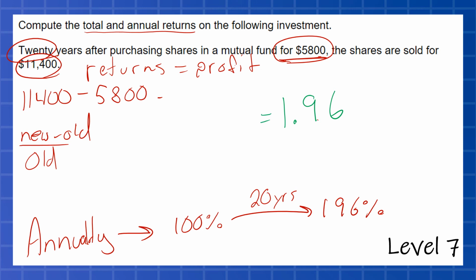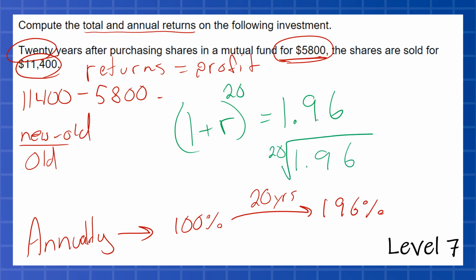And so if we want to go backwards, our formula looks something like this: 1 plus the rate to the nth power, the number of years. And so if we think backwards, how do we find out the rate? Well, we're going to take the root of it. In this case, we took 20 years. So if we want to work backwards, we're going to take the 20th root of 1.96.